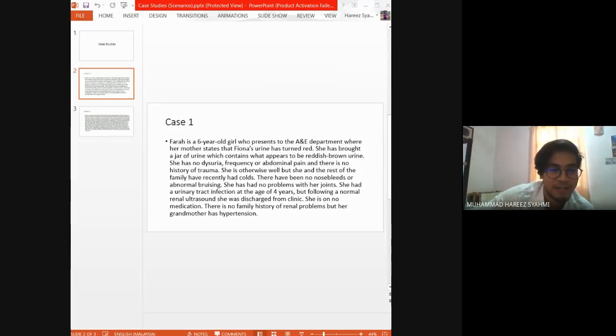So we might ask about the stool color of the child, whether it's red or jelly in nature.